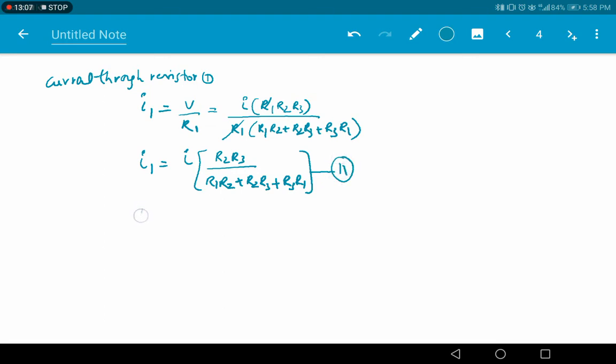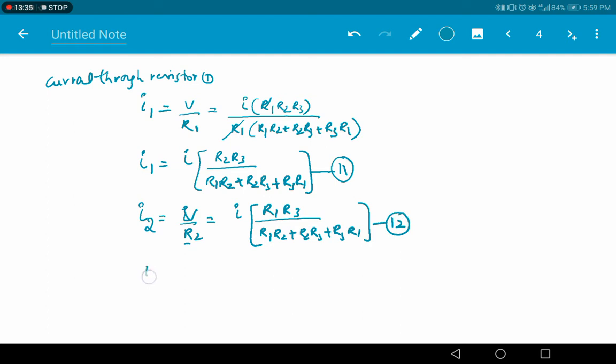In a similar manner, for the current through the second resistor we can write V by R2. Which resistor you are writing, that resistor value we can use, and the rest of the expression we can write as R1 R3 by R1 R2 plus R2 R3 plus R3 R1.